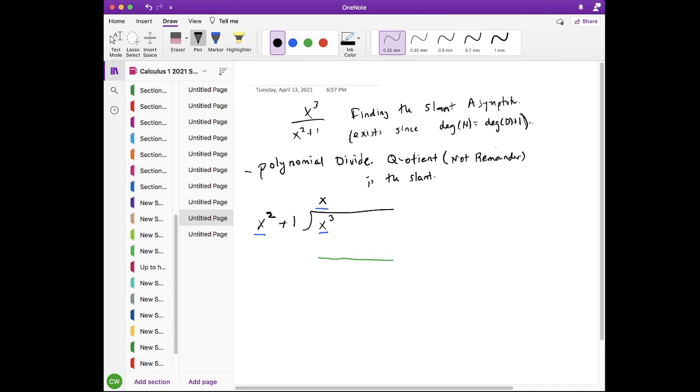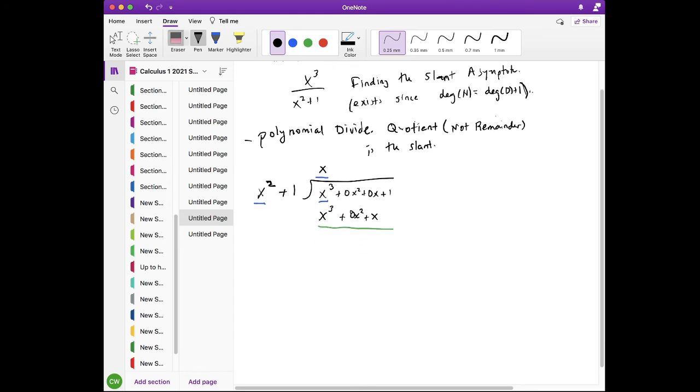You also multiply by x squared. So it's x cubed and then plus x. So there's no x squared term. And then what do you do next? Subtract, yes. And always be careful with subtraction. I always like to draw up a little parentheses because although this term cancels, this term is actually negative x.